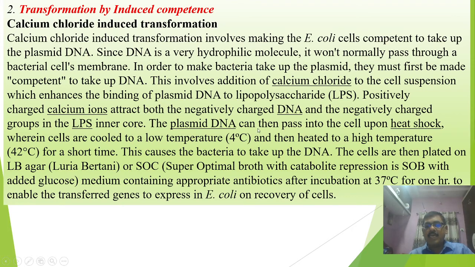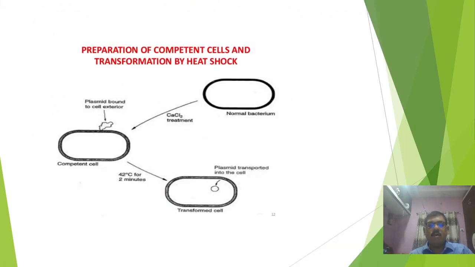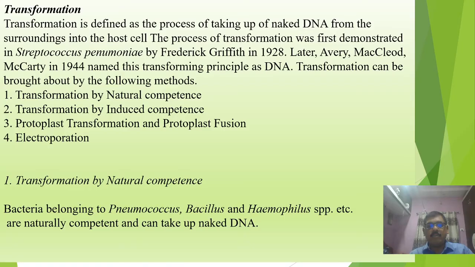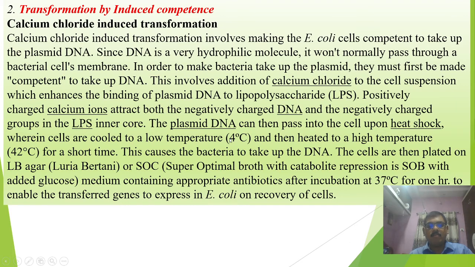The plasmid DNA can then be passed into the cell upon heat shock, wherein the cells are cooled to low temperature first at 4 degrees centigrade, and then heated to high temperature at 42 degrees centigrade. So the cells are subjected to cold treatment with calcium chloride at 4 degrees centigrade, and then suddenly heated to 42 degrees Celsius for about 2 minutes.